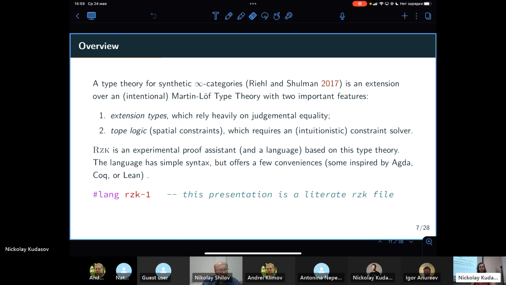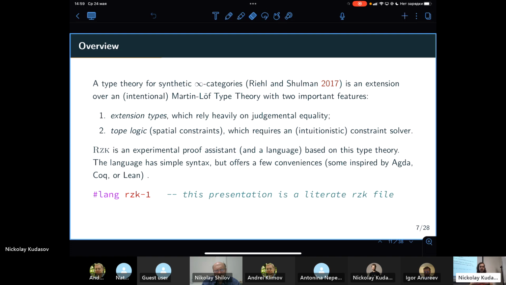So usually, when you talk about types in a programming language, a common intuition is that a type is basically a set of values. Now, a set is a somewhat boring structure in the sense that you just have a collection of things, but you don't know how they are related to each other.